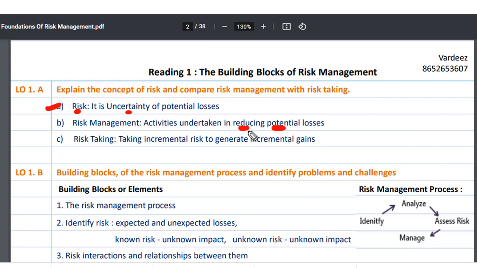Okay, it can mitigate the potential losses, and that's what risk management is all about. Then we also have risk taking. Now what do we mean by that? It's taking incremental risk to generate incremental gains. As the old saying goes, higher the risk, higher the reward. That's what we mean by risk taking. You take more risk to get more rewards.